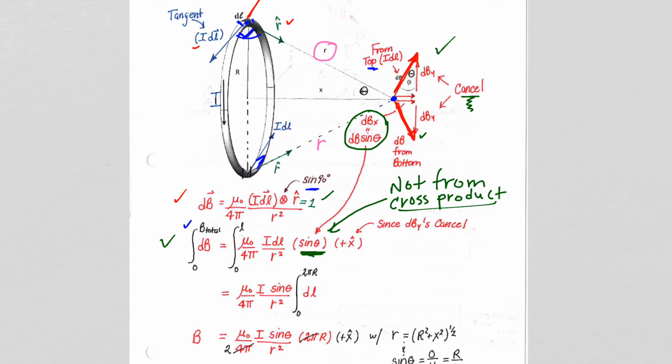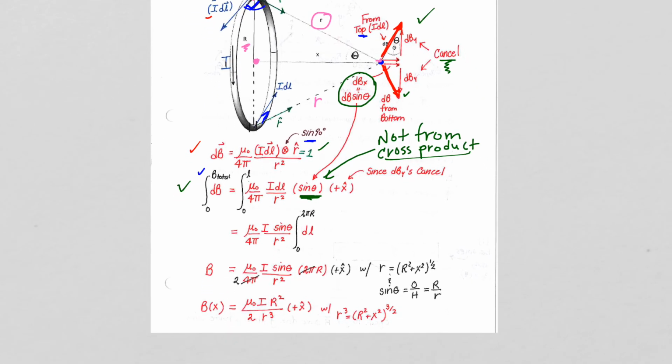That little r is the hypotenuse of that right triangle, and here's the capital R that's part of that loop. So the little r remains constant. It still comes out of the integral, but here's where we have to note that the little r is the hypotenuse, and that's why it's going to be opposite over hypotenuse, where my angle theta is shown here.